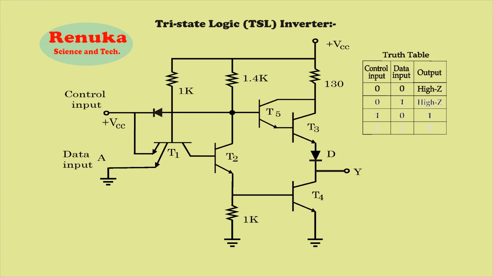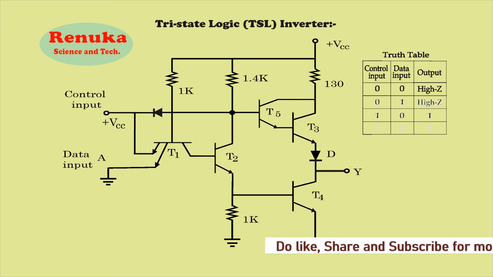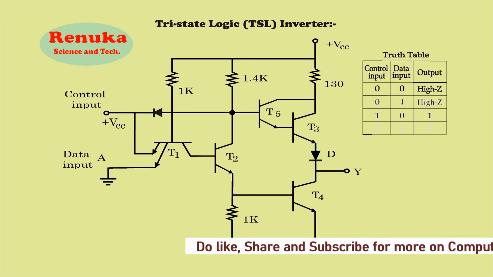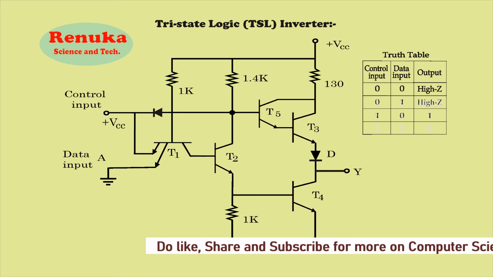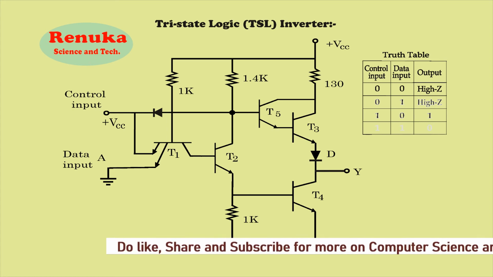If cathode and anode have the same magnitude and polarity, then the diode will not conduct, and we can say that the diode is reverse biased right now. So the drive of transistor T5 is now removed. So current can normally flow towards the collector of T2 through the 1.4 kilo ohm resistor from the power supply's VCC. So it will behave like a normal transistor, working as an amplifier as T2 does in the TTL gate. So T2 will work normally here.